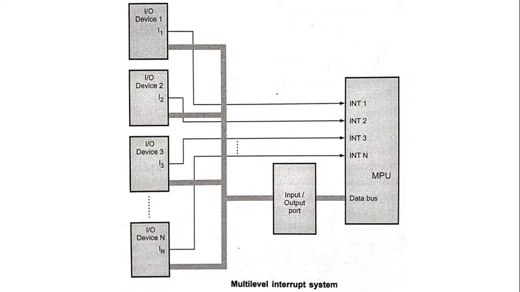We are not ORing all these pins, but keeping them separate at the MPU. Suppose input output device 2 gets an interrupt signal; it is given directly to the INT2 pin, the MPU knows that device 2 has requested an interrupt, services that interrupt, and afterwards executes the program from where it left off. So this is the main difference between single level and multi-level interrupt systems.